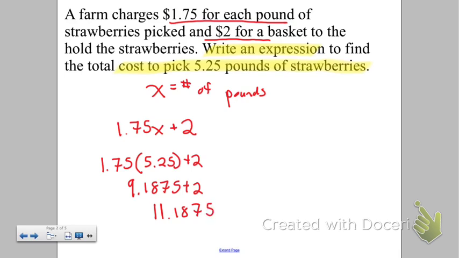And since we were talking about money, I'm going to round it to look like money. So I'm going to round here. After the 8 is a 7. So it's going to round up and be 11.19. So it's $11.19.